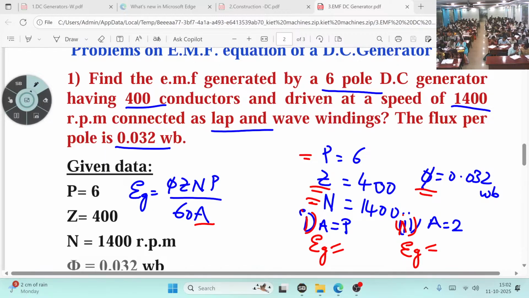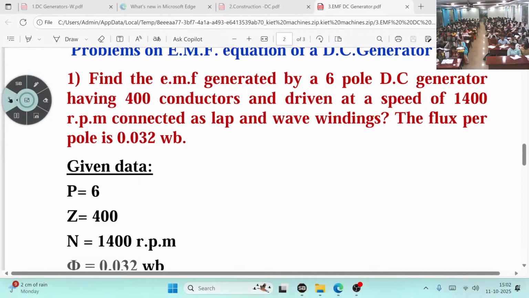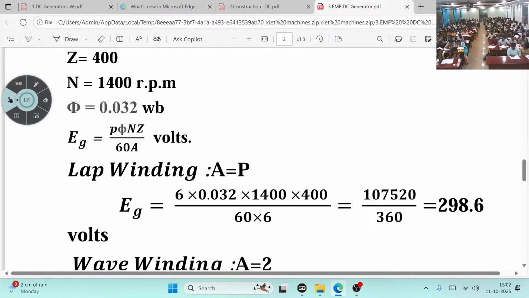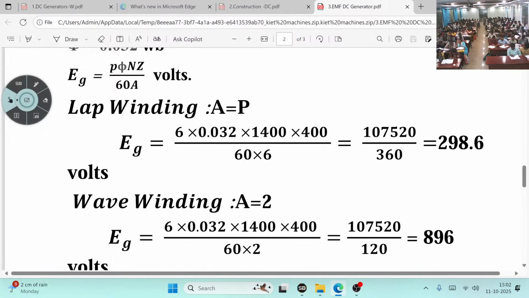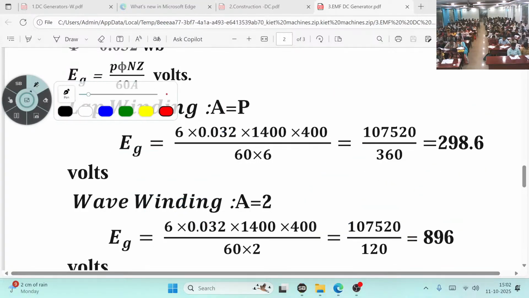First case. First one, for A is equal to P, EG is equal to 298.